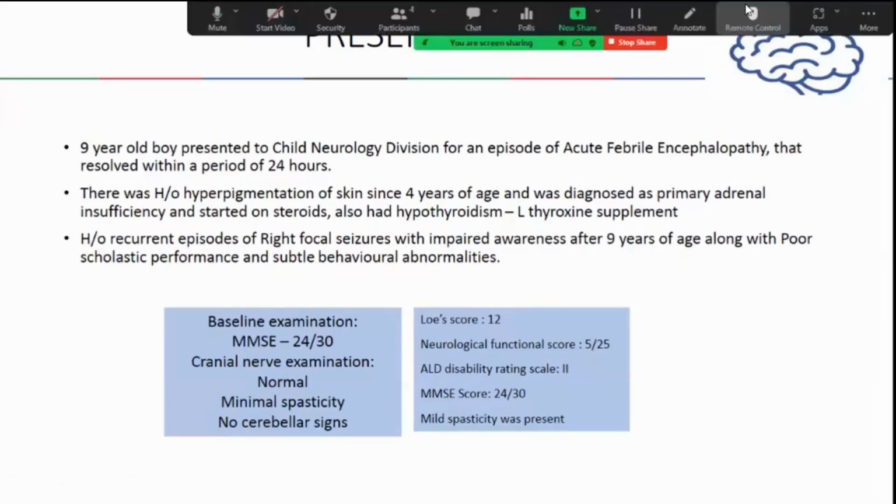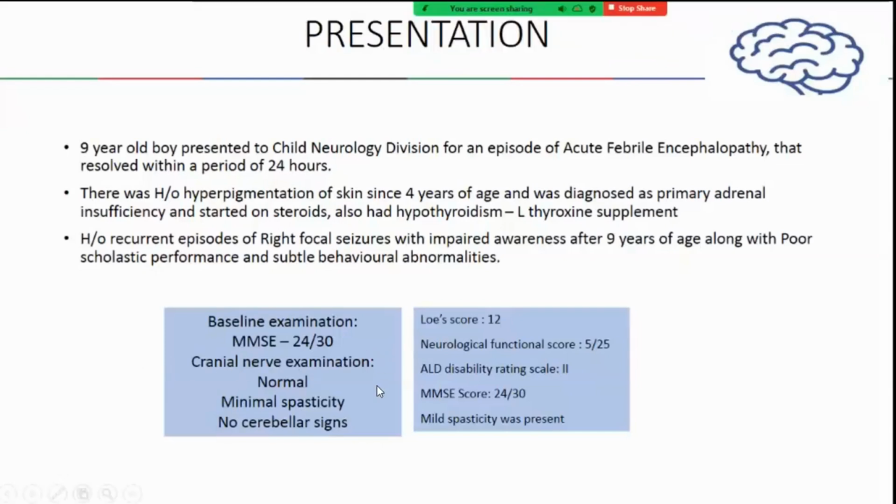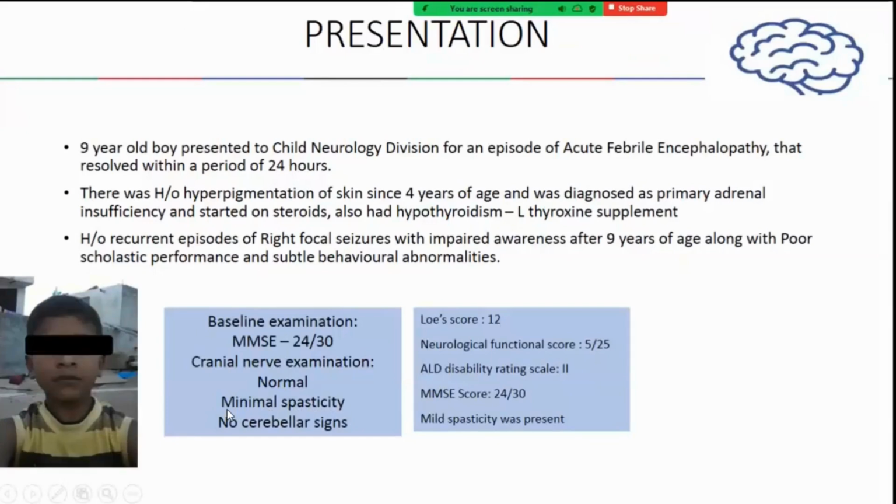They did a lot of neurological examination, various scores for cognitive development, and all this was done. There was some mild spasticity also. You can see the hyperpigmentation here, and you can also see the area from which he's coming. He's from a very deprived area, and the community also was not well off at all.